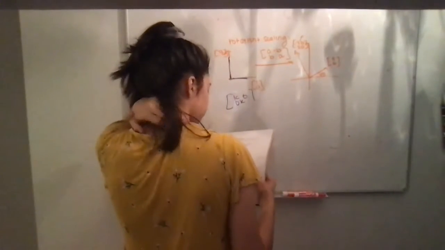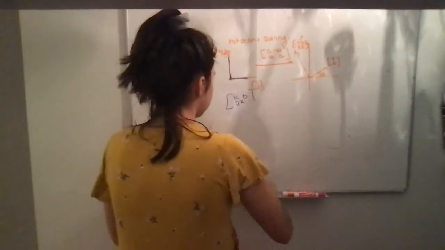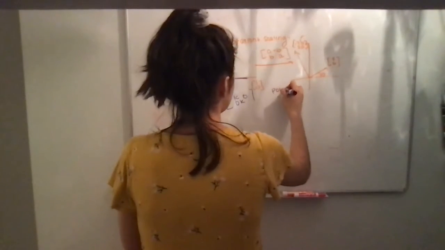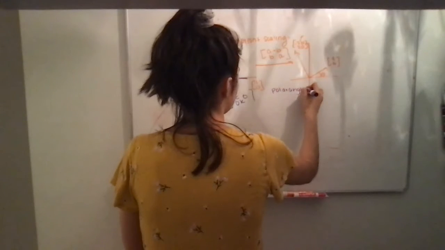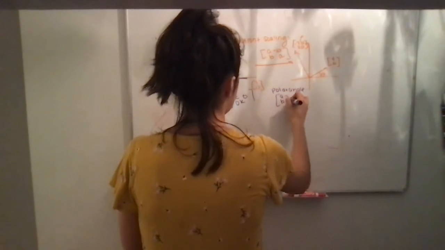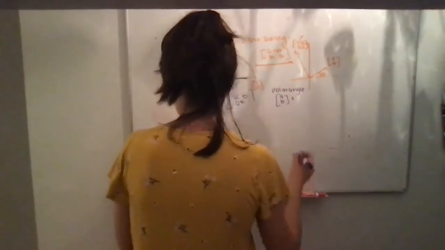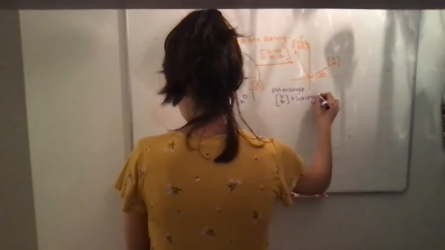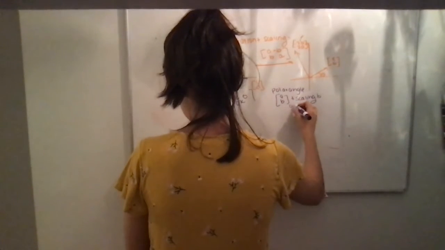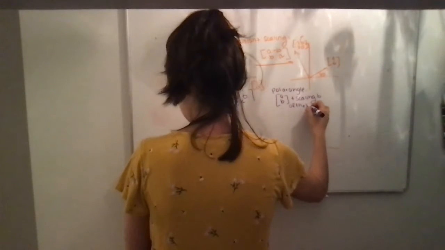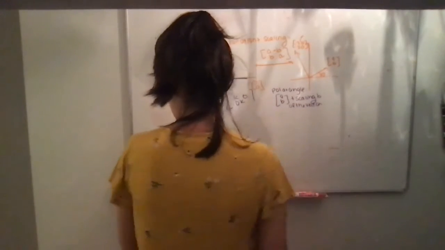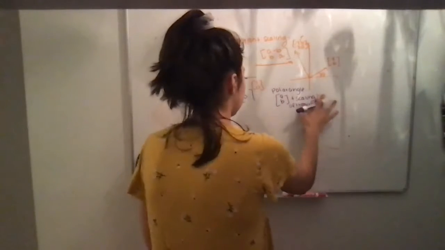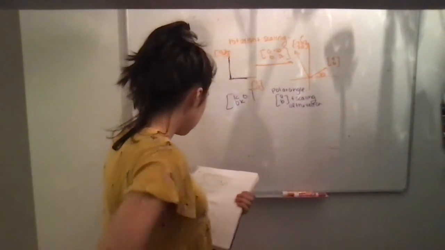So if we know this, we're dealing with two things. We're dealing with a polar angle theta, and we're dealing with a scaling of the vector.